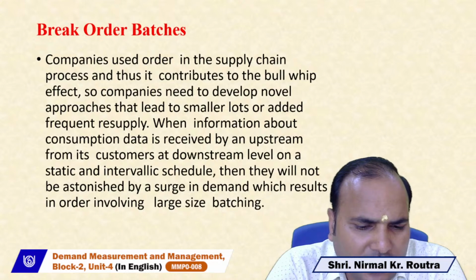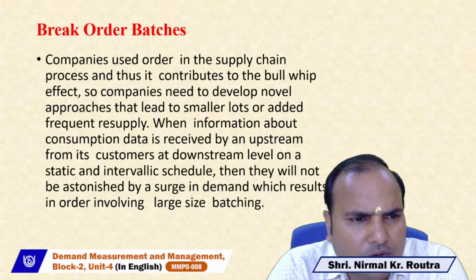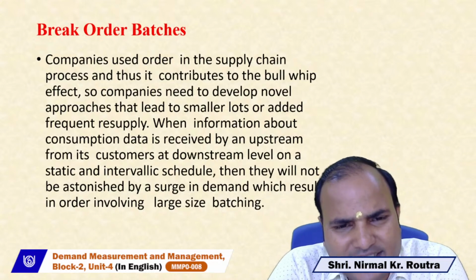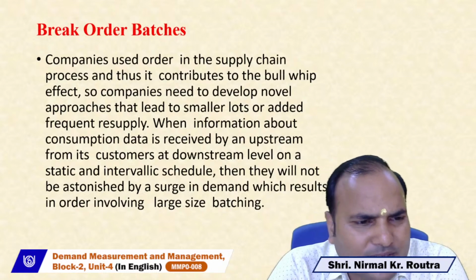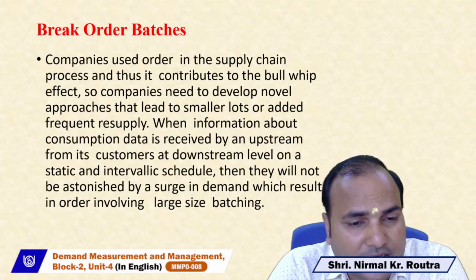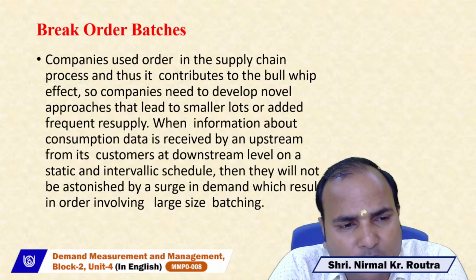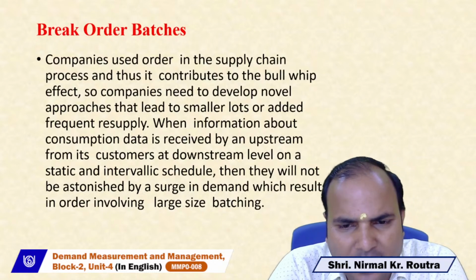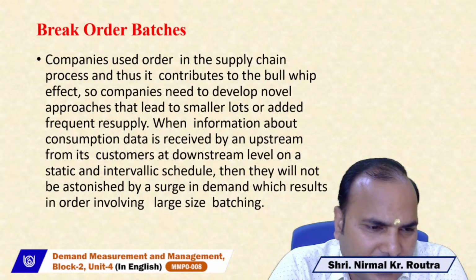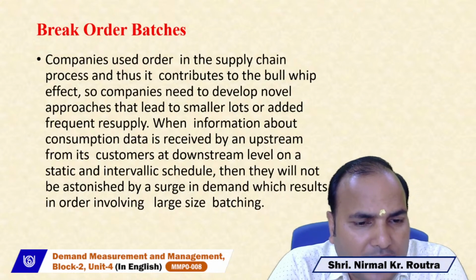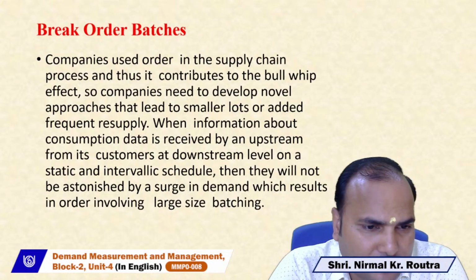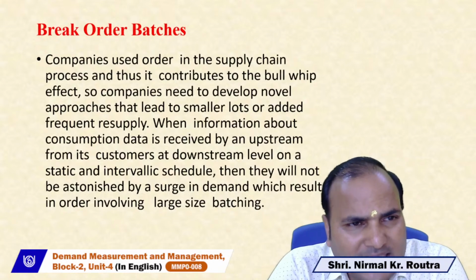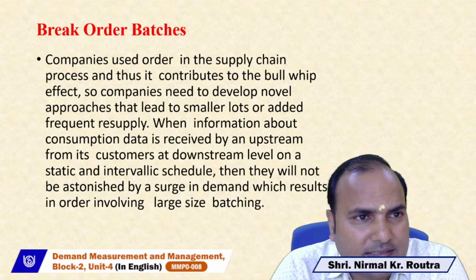When information about the consumption data is received by an upstream firm, and its customers at downstream level follow a static and intervallic schedule, then they will not be astonished by a surge in demand, which results in orders involving large batch sizes. So in this way, we can break order batches.